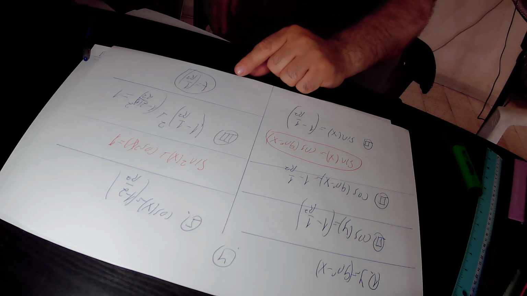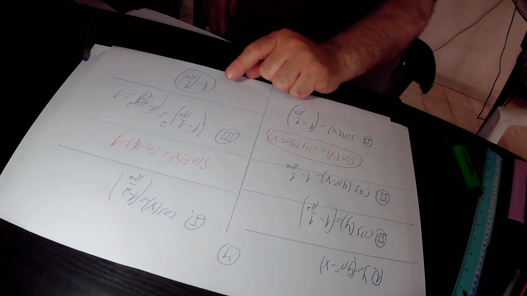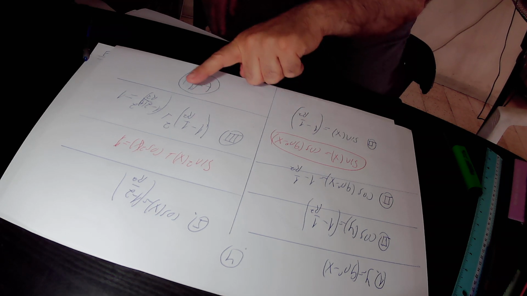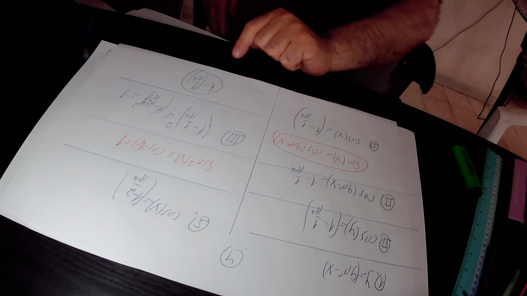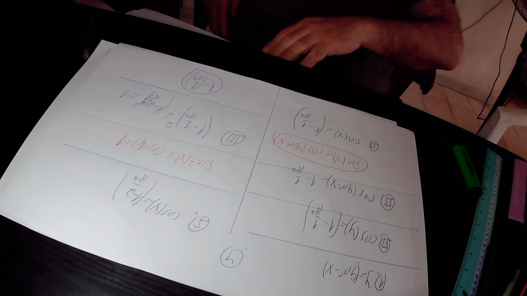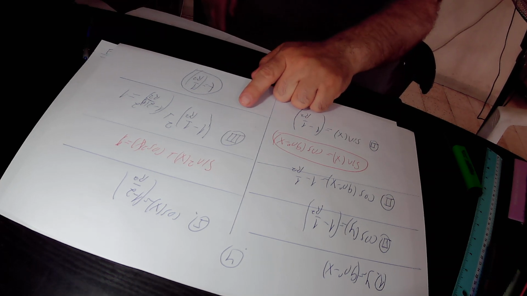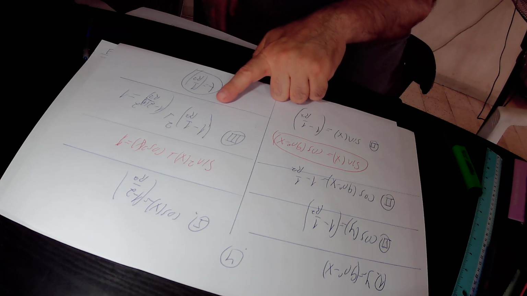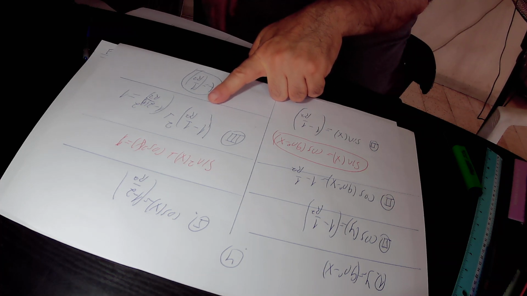In the next step, we defined t as 1 over R squared. Now we can substitute 1 over R squared in equation 3 by t. According to equation 3, we have 1 minus 1 over R squared, and 1 over R squared is t, so we substitute it by t.